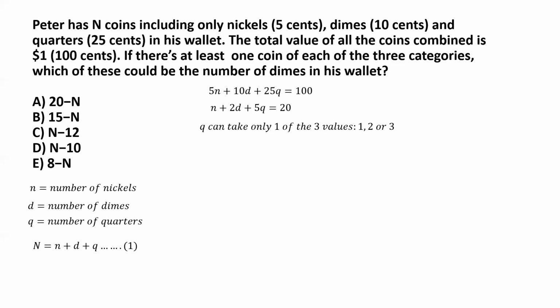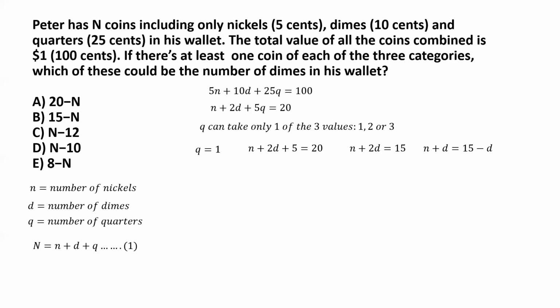So let's consider q is equal to 1. If q is equal to 1, then we know that n plus 2d plus 5q is equal to 20, so 5q becomes 5. So we have n plus 2d plus 5 equal to 20. And from this, we can obtain n plus 2d is equal to 15. Then if we subtract d from both sides of this equation, we are left with n plus d is equal to 15 minus d.